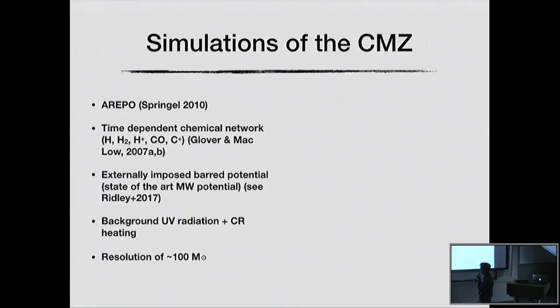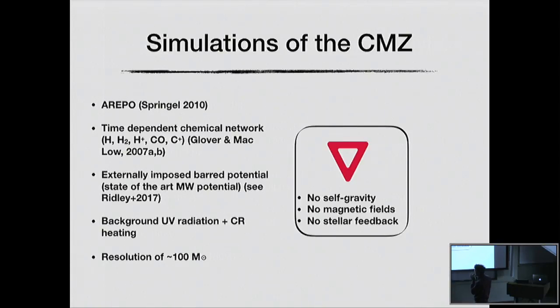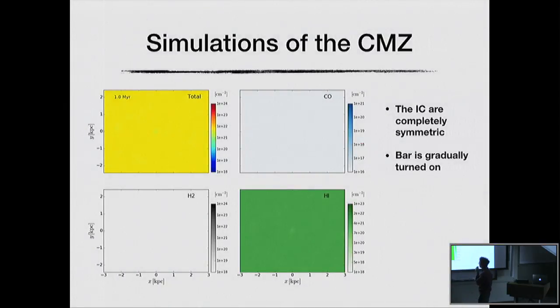We study the evolution of this gas in an externally imposed bar potential. The drawbacks of our simulations are that we don't have self-gravity, we don't have magnetic fields, and no stellar feedback. But still, the simple simulations that I will show are sufficient to explain the phenomenon that I want to explain in this talk.